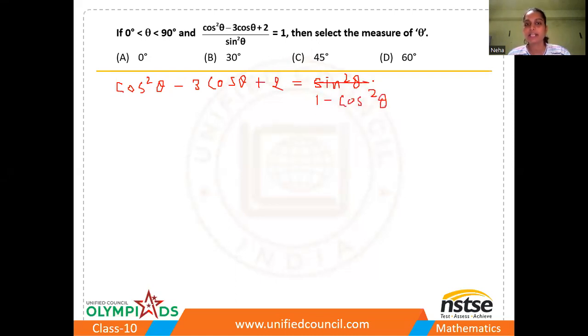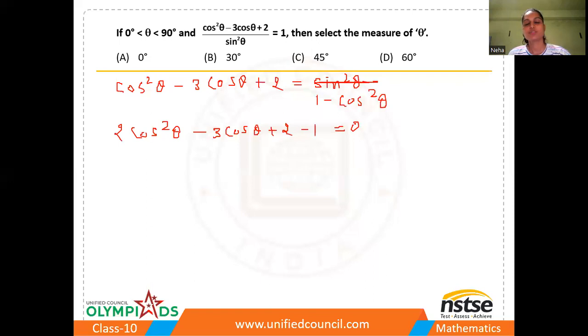Yes, sin square theta I can write 1 minus cos square theta. Now if I shift all these terms to the LHS part, minus cos square theta becomes plus cos square theta. So cos square theta plus cos square theta, this is 2 cos square theta. 2 cos square theta minus 3 cos theta plus 2 minus 1 is equal to 0.